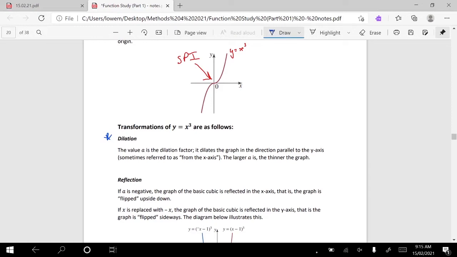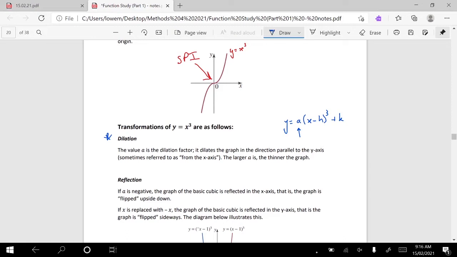So if we have y equals a times (x minus h) cubed plus k, this value of a is our dilation factor parallel to the y-axis, just like our parabola. It dilates the graph, in other words it stretches the graph out vertically, away from the x-axis or in the direction of the y-axis, or we might say parallel to the y-axis.